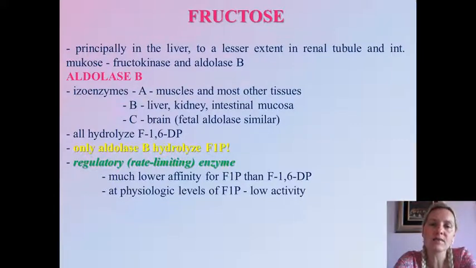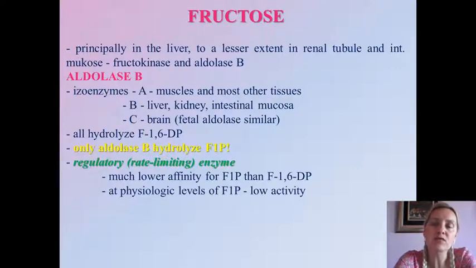Aldolase A is found in muscles and most other tissues. Aldolase B is specific for liver, renal tubule cells, and intestinal mucosal cells. Aldolase C is found in the brain, and it's very similar to the fetal aldolase isoenzyme.